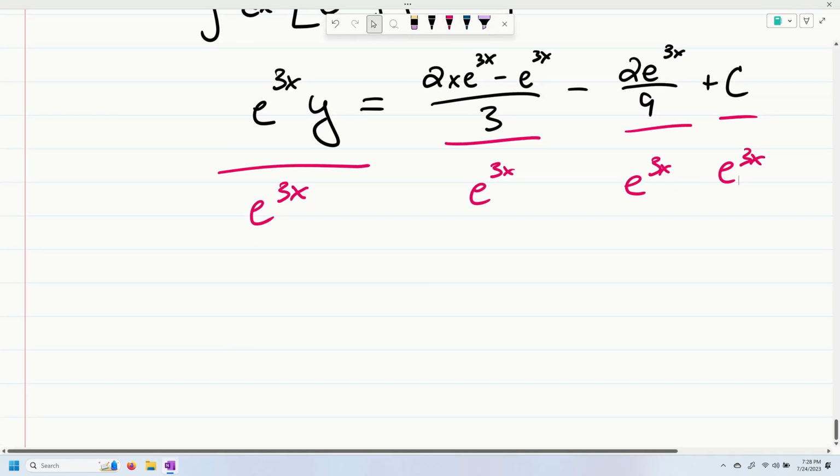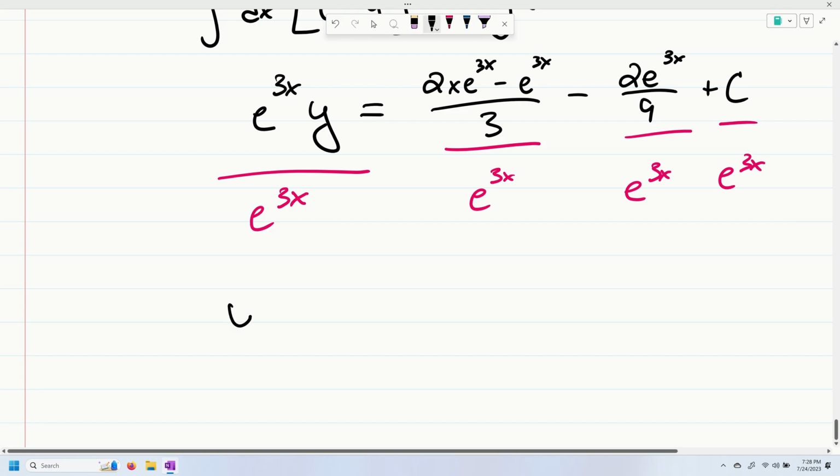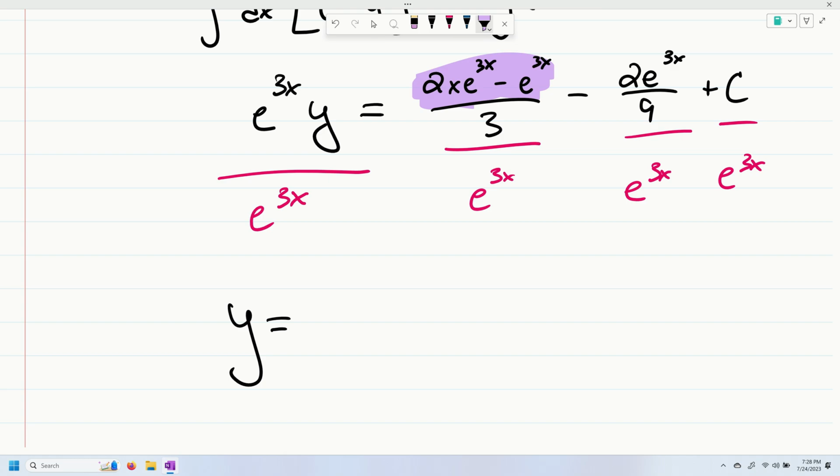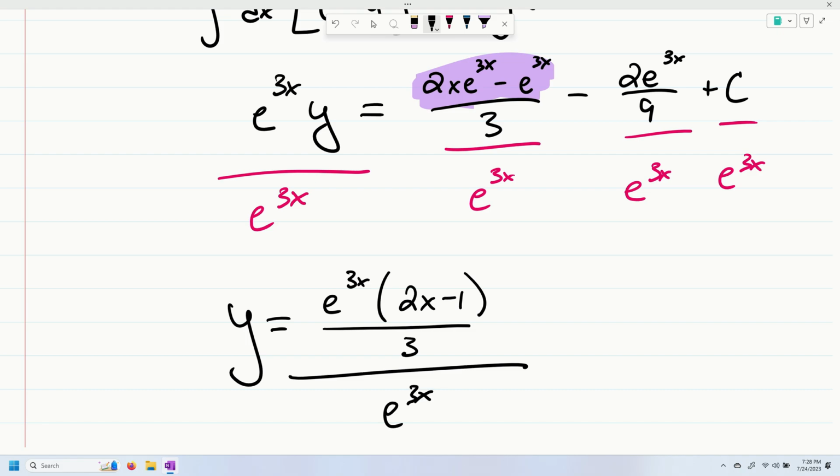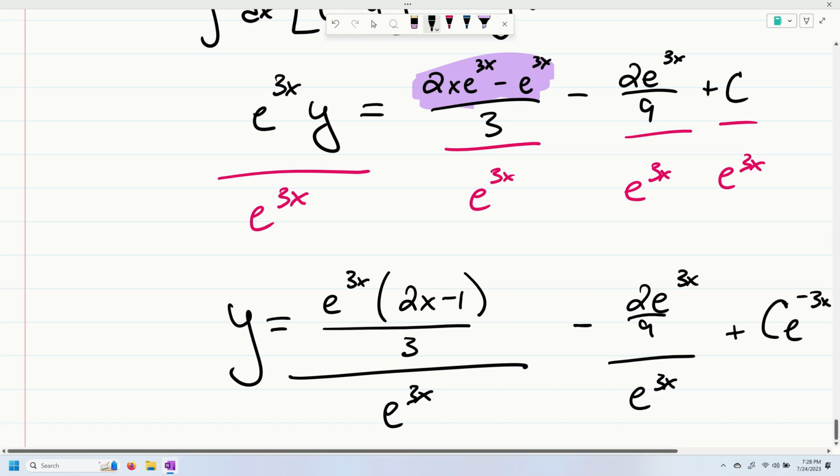And let's go ahead and write y equals. Now, be careful with this, because technically I'm just going to write it like this: e to the 3x times (2x minus 1) all over 3, divided by e to the 3x, minus 2e to the 3x over 9, divided by e to the 3x, plus c e to the negative 3x.